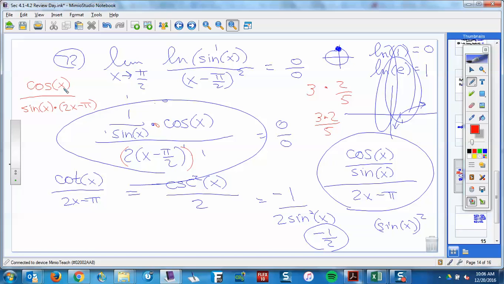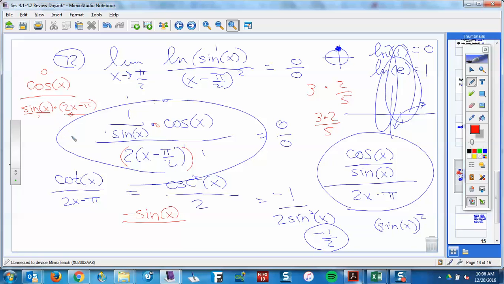Now, when I put in my cosine of pi halves, that is 0. And when I do sine of pi halves, that's 1. Put pi halves in here, I get 0. So I still get 0 over 0. And so now when I do the derivative, let me do it in red. The derivative at the top would be negative sine. What do you have to do on the bottom? You have to do a product.